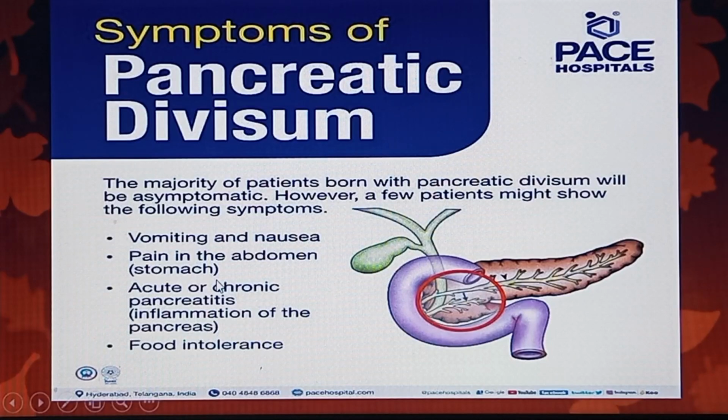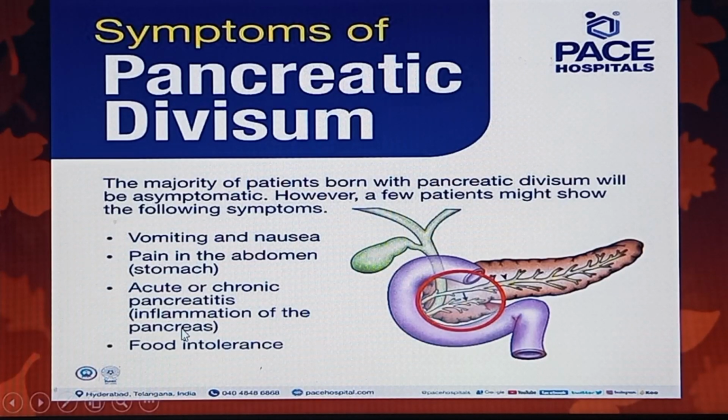And then individuals with pancreatic divisum are highly susceptible to acute pancreatitis, which will also lead to that kind of chronic situation. And then most people, because of that pain and all that, become highly intolerant as far as these things are concerned.